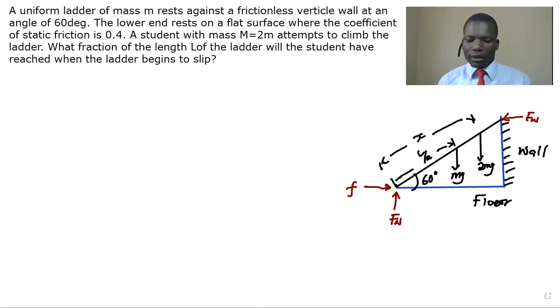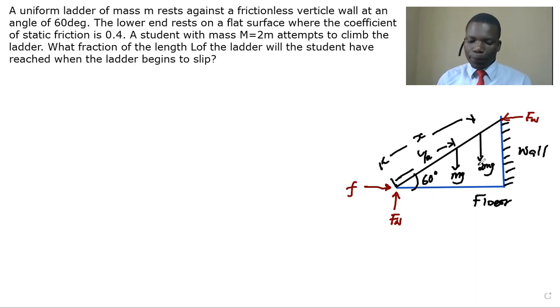I have tried to sketch the scenario. I have the mass of the ladder m, whose weight we calculate with the gravitational acceleration, so mg, acting at half the length of the ladder.